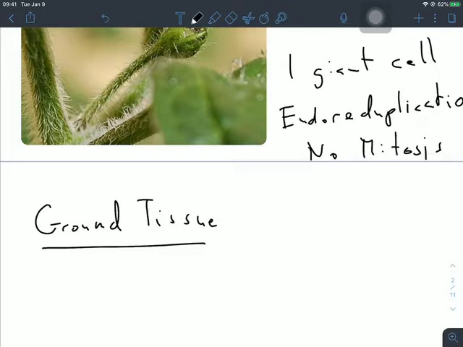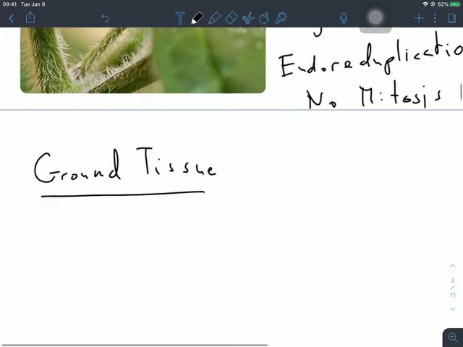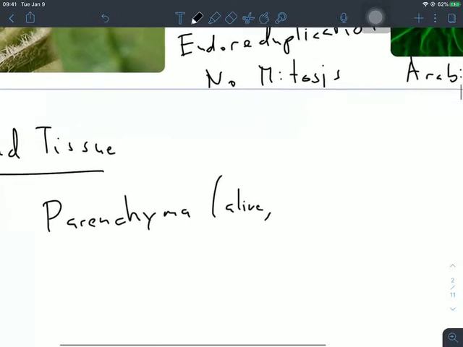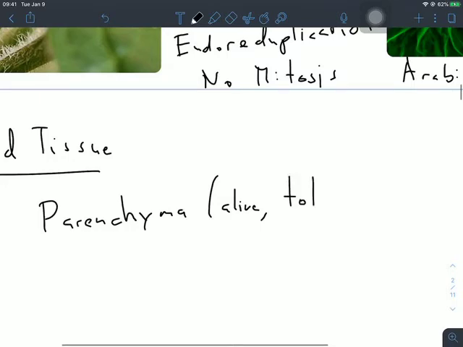Again, these will specialize even more, but I'm trying to keep things to sets of 3 here, where I can, where it makes sense to at least. So ground tissue will specialize into parenchyma, the tissue layer that is alive and retains some totipotency.